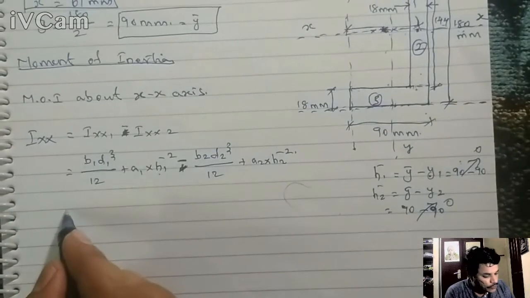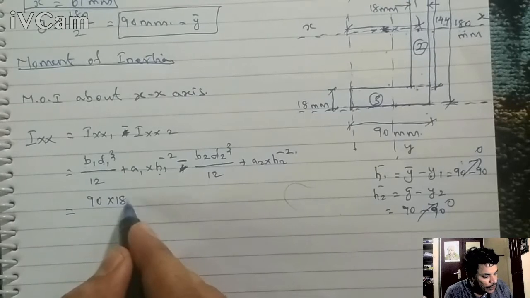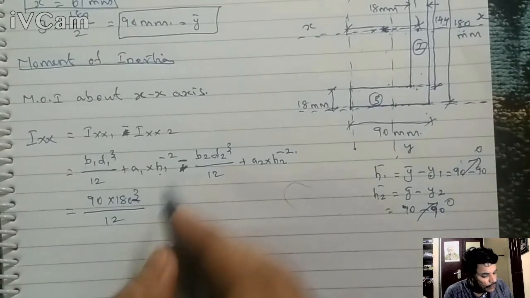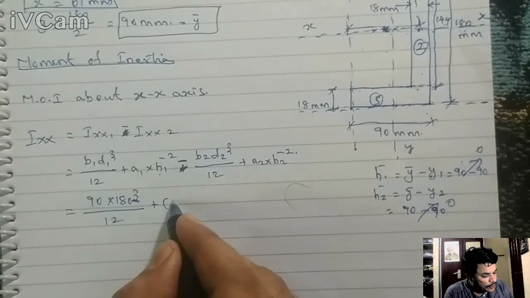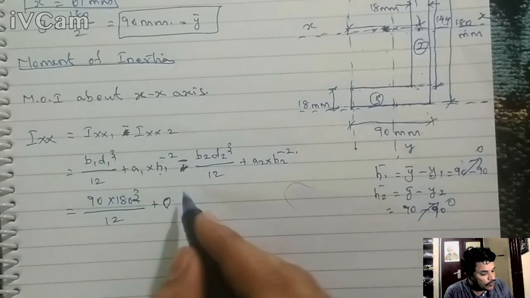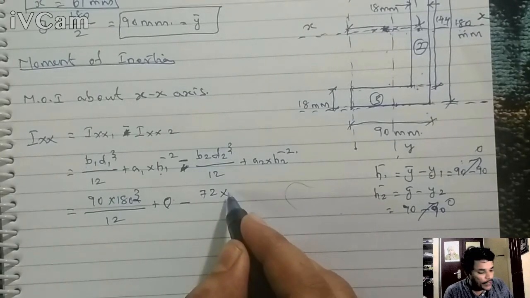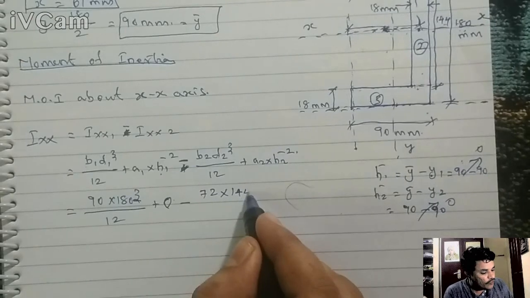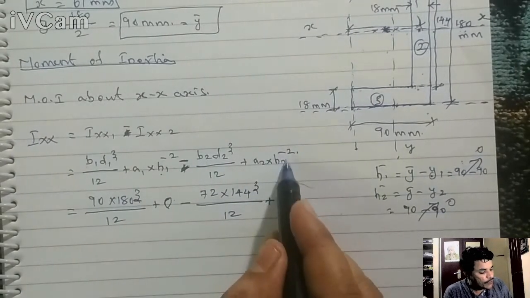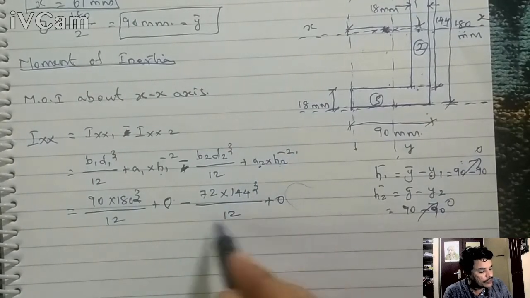So it is 90 by 180 cube divided by 12 plus 0, because 0 into anything is 0, minus 72 by 144 cube divided by 12 plus 0, because h2 bar is 0, 0 into area is 0.